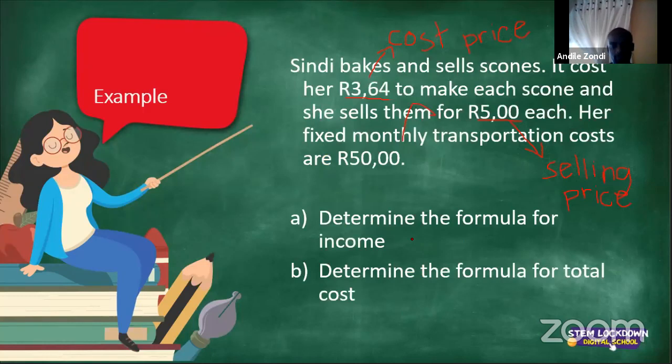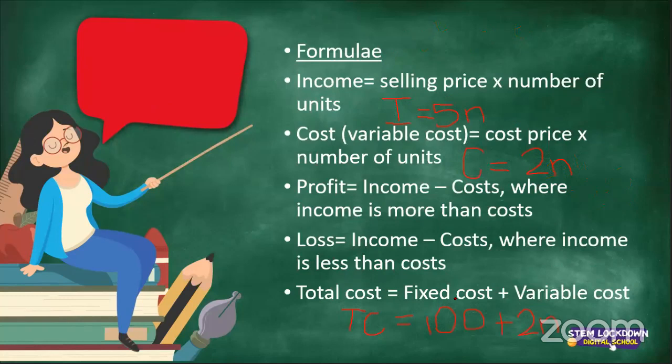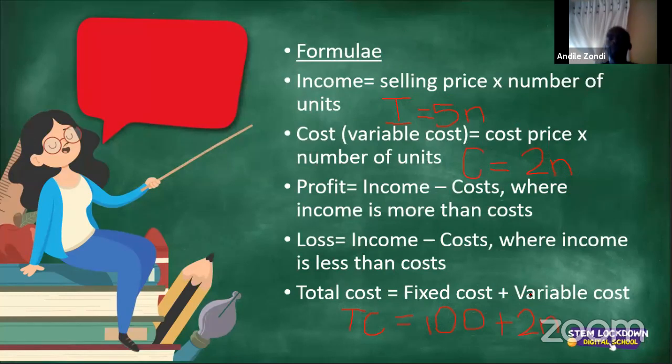Obviously, I don't really need to rewrite because I've already shown you the answer. Secondly, determine the formula for total cost. Remember, total cost is the fixed cost plus variable cost.